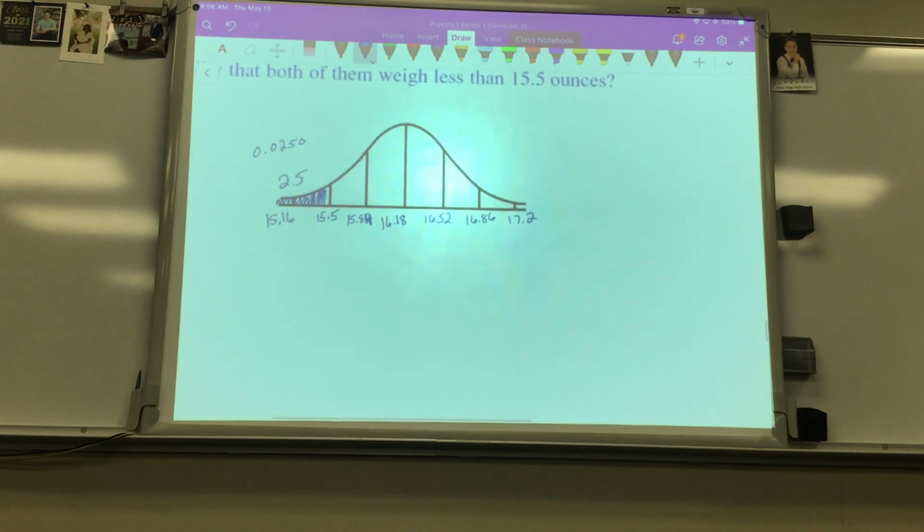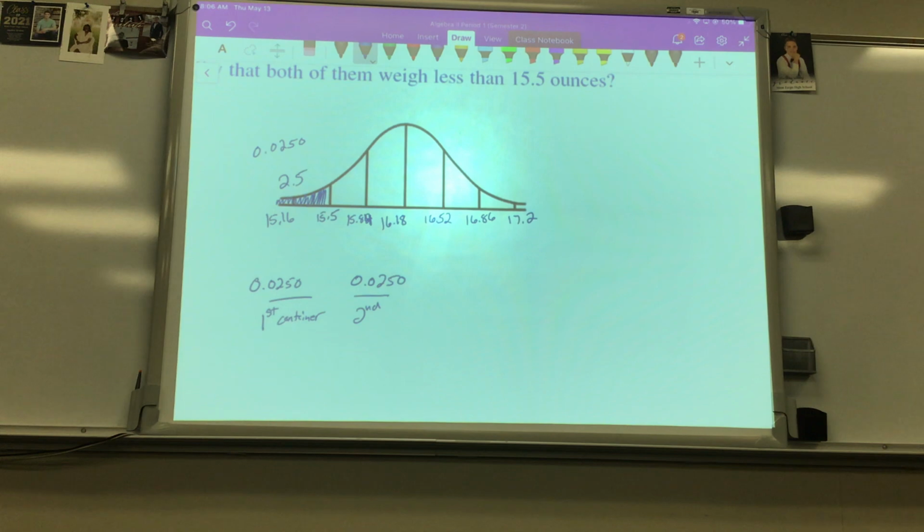Okay, so you gotta remember, the first container, second container, I got a 0.0250 chance on both, right? What do you do with those two numbers? Anyone remember?